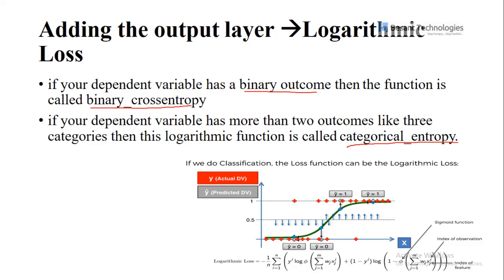So logarithmic loss works based on this formula: summation of y log of our sigmoid plus 1 minus y, again the log of 1 minus our sigmoid. This is your index of feature, this is our sigmoid function and this is our index of observation.